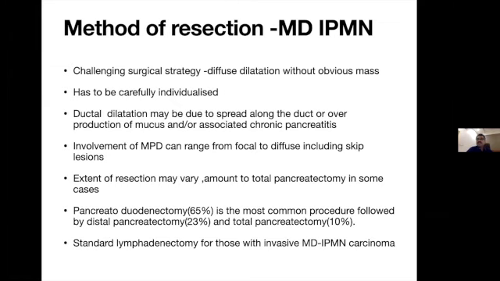And the reason for ductal dilatation may be tumor spread along the duct, or it can very well be the thick mucin, or it can be due to associated chronic pancreatitis. The distinction is very difficult sometimes. So the involvement of main pancreatic duct can range from a very small focal involvement to a diffuse involvement with skip lesion.